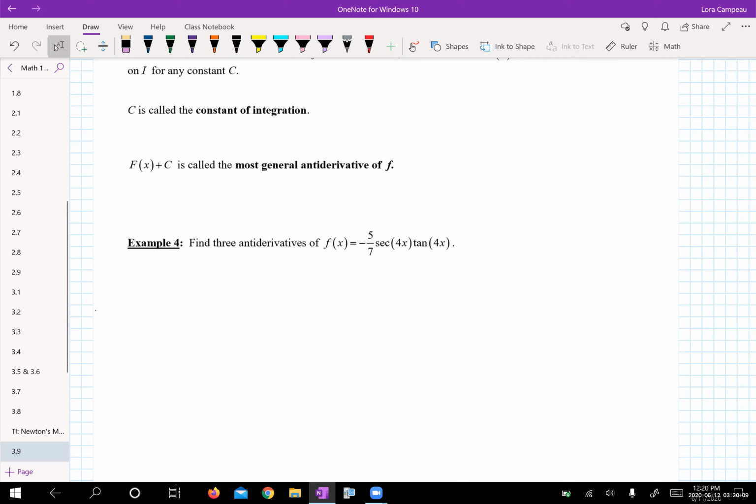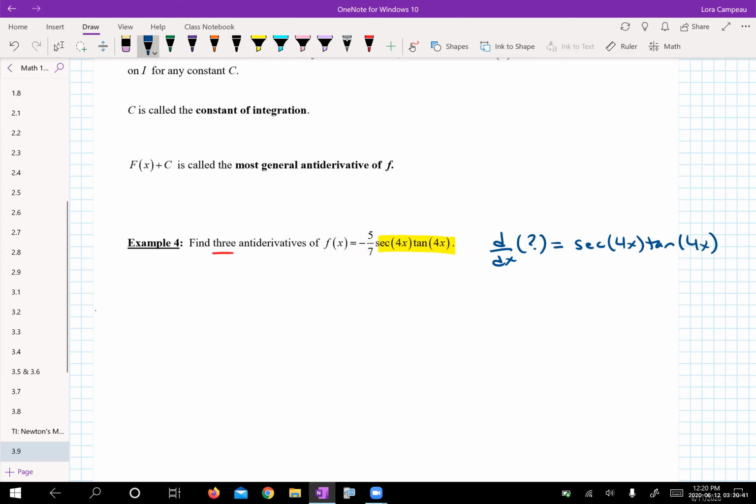We're going to find 3 antiderivatives of f of x equals -5/7 secant 4x times tangent 4x. And then we're saying, oh, 3. You want 3 of them. So the first thing I'm looking at is the fact that I see the trig function. And my thoughts immediately go to derivative of what is going to give me a secant of 4x times tangent of 4x.